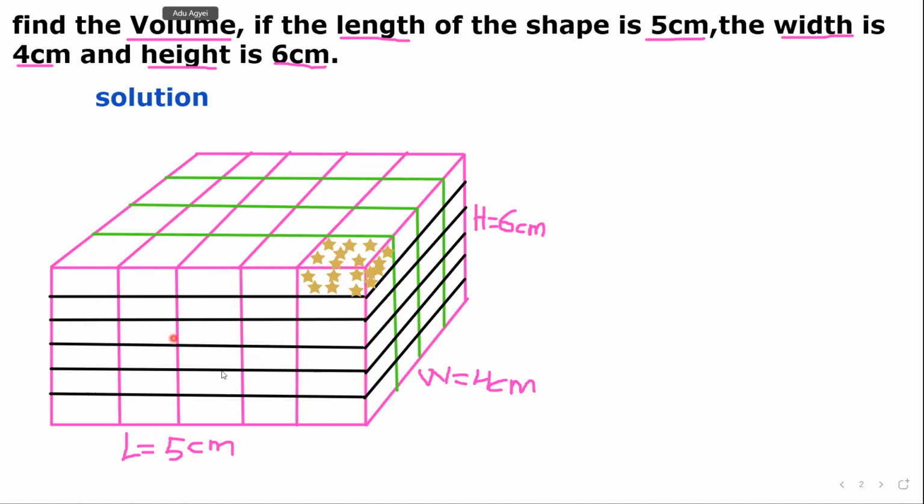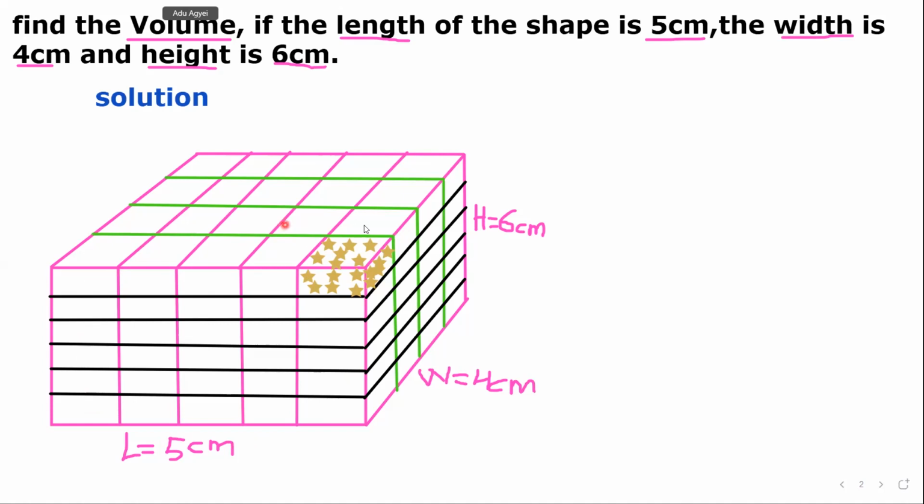So the number of keys here, we have 1, 2, 3, 4, 5, 6, and then 7, 8, 9, 10, 11, 12, 13, 14, 15, 16, 17, 18, 19, 20, 21, 22, 23, 24, 25, 26, 27, 28, 29, 30. So the first layer here is made up of 30.